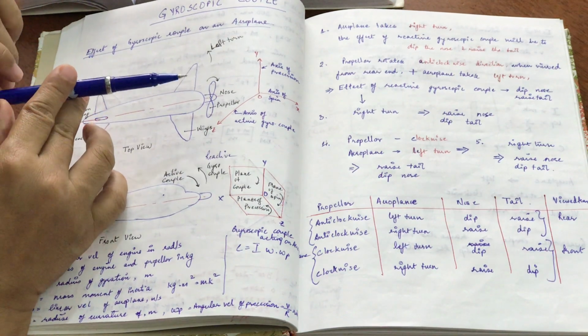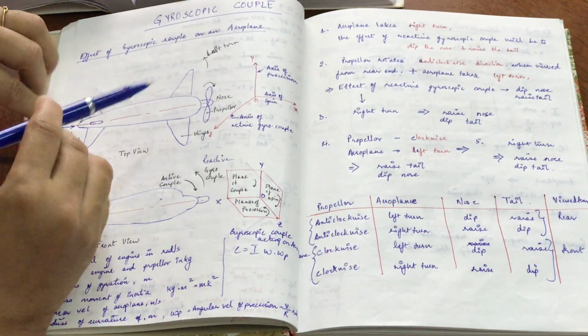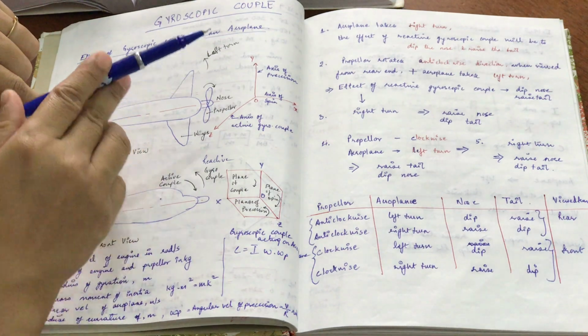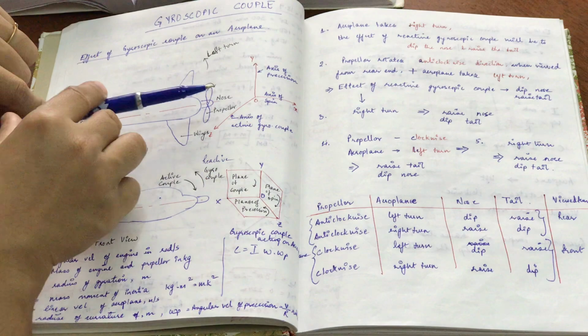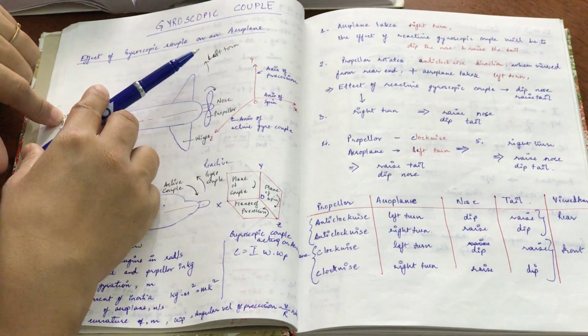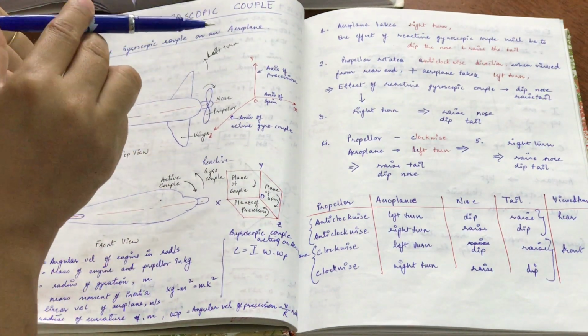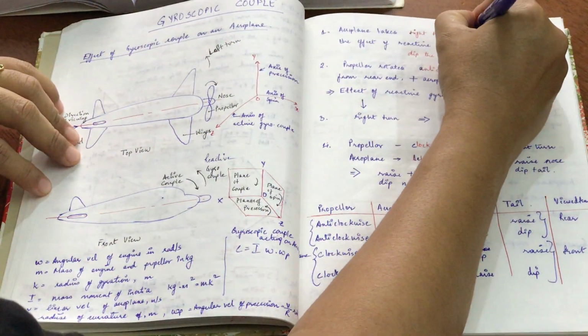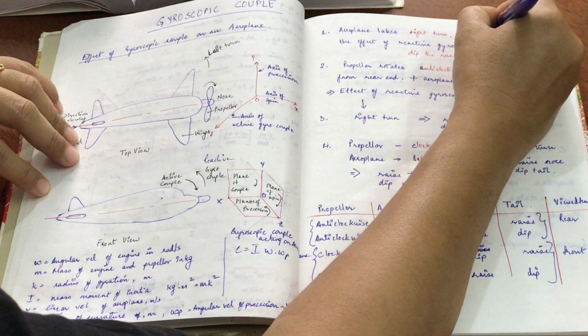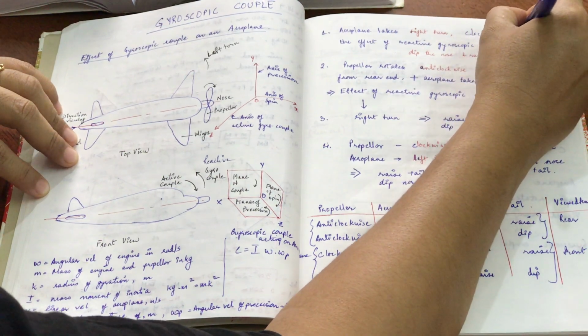If you see from the rear end and the propeller rotates in the anti-clockwise direction, and the plane takes a left turn, what will be the effect? Again, dip the nose and raise the tail. In this case it is moving in the clockwise direction seen from the rear.